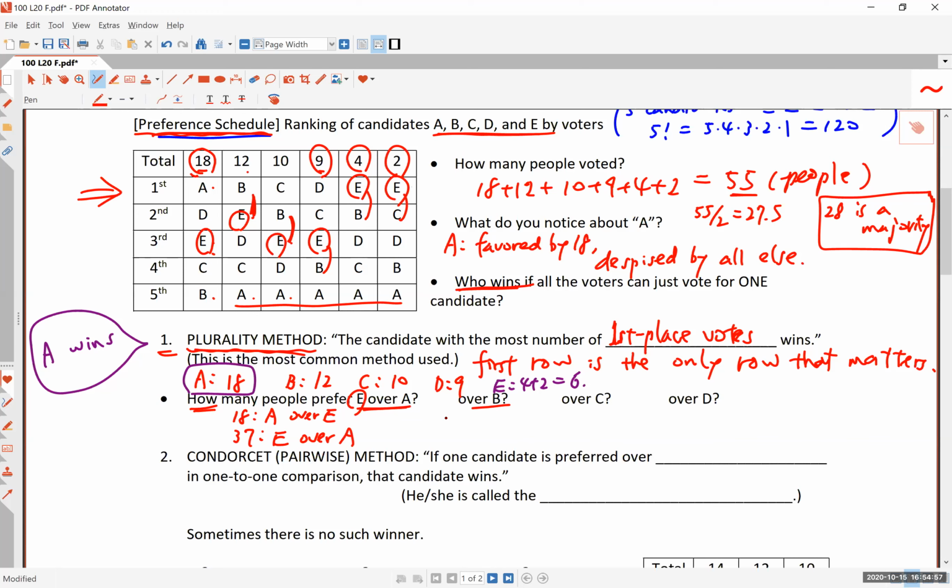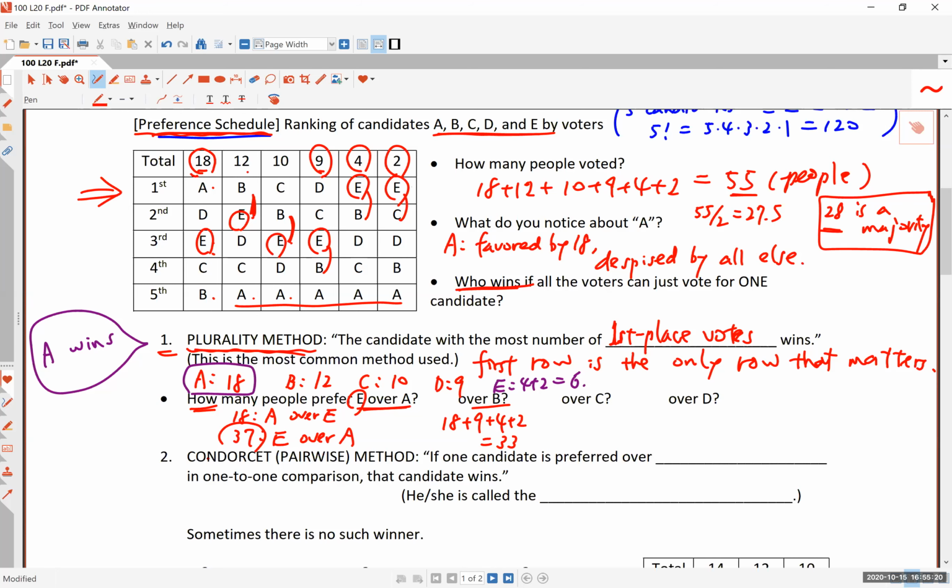So the answer to this question is 18 plus 9 plus 4 plus 2, and that is 33. That is definitely a majority. So the majority of the people prefer E over B. And of course, a large majority of the people prefer E over A. So E is actually a well-liked candidate.